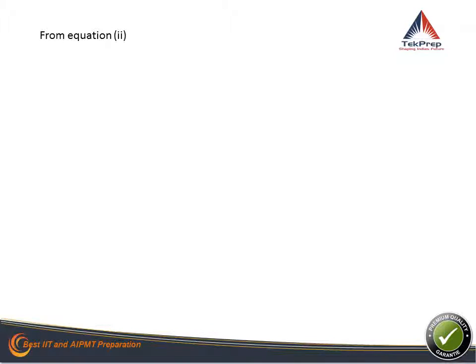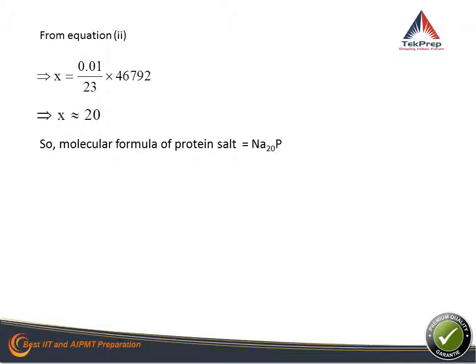When we replace the value of M into equation 2, we get x equals 0.01 by 23 into 46792, which is approximately equal to 20. So the molecular formula of the protein would be Na20P, and the total molecular weight is 46792.